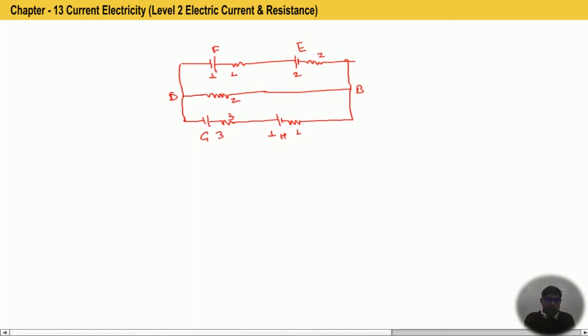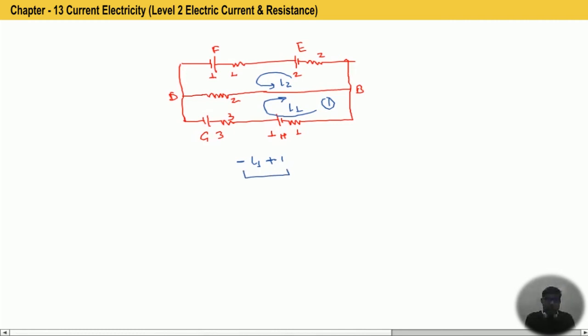Let's look at this question again. Suppose current I1 is passing in this loop and current I2 is passing in this loop. Okay, so if we write the KVL equation in loop number 1, from here we'll get minus I1 into 1 plus 1 for this combination.